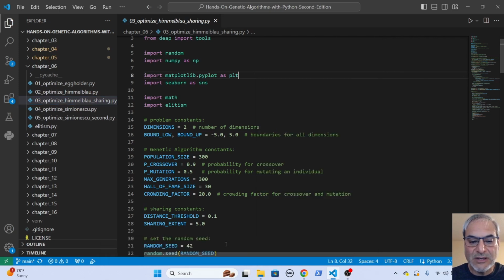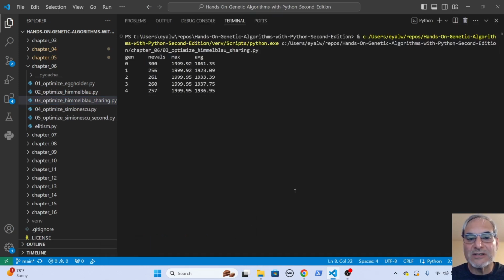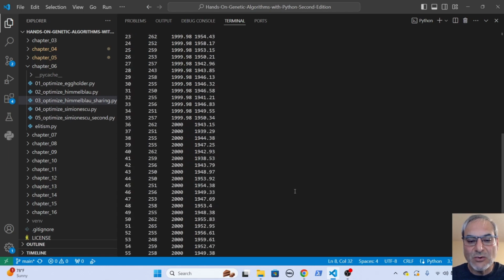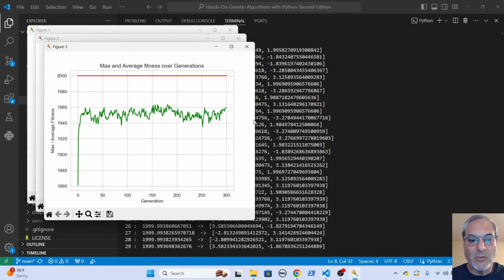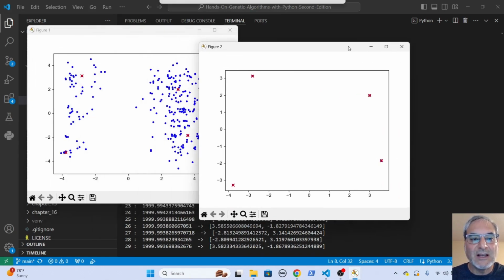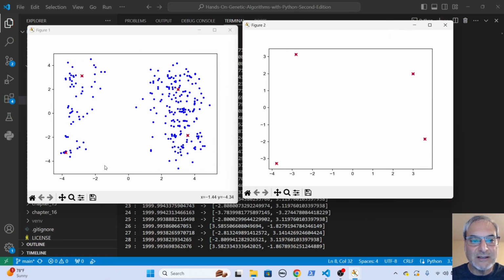And we can see how it looks when we do that. We're going to print the Hall of Fame individuals and where they're going to be, and we're going to plot it as well. You see that we run it for a longer time because we have also the complexity of calculating the sharing between them. But you can see that the general population is a lot more spread than it used to be.